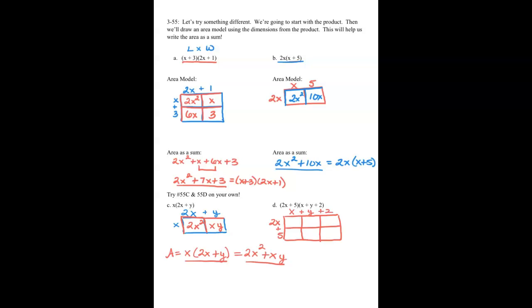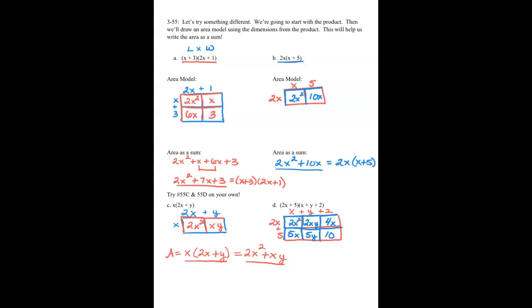Figuring out the area of each individual square. 2x times x gives me 2x squared. 2x times y gives me 2xy. 2x times 2 gives me an area of 4x. 5 times x gives me an area of 5x. 5 times y gives me an area of 5y. 5 times 2 gives me an area of 10.